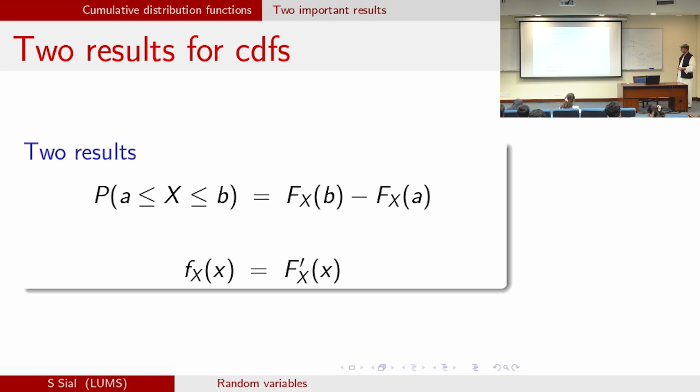The other thing is that the CDF is constructed by integrating a PDF. So if you take the derivative of the CDF, you can recover the PDF from it.